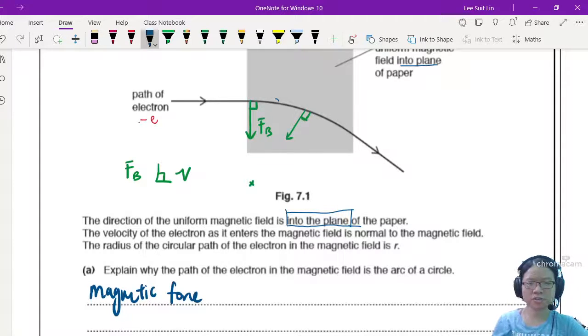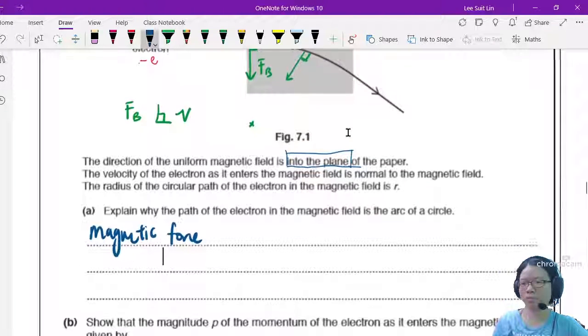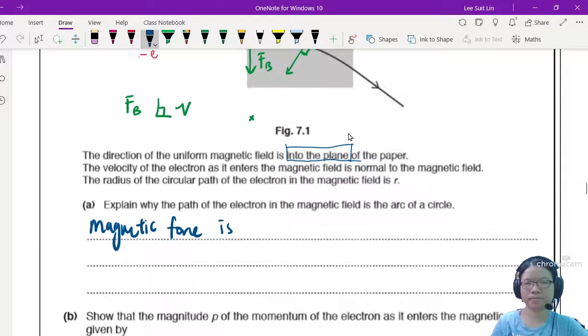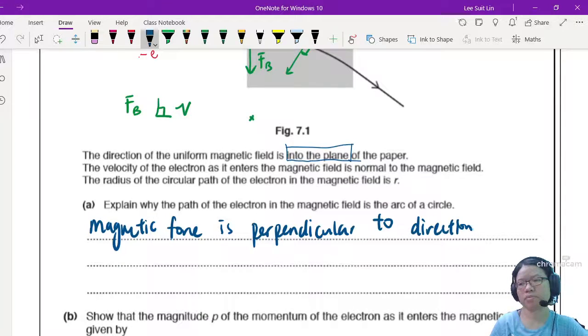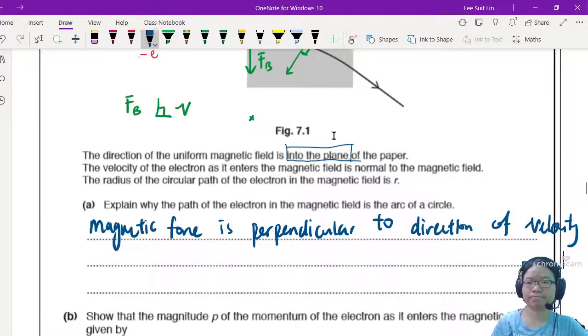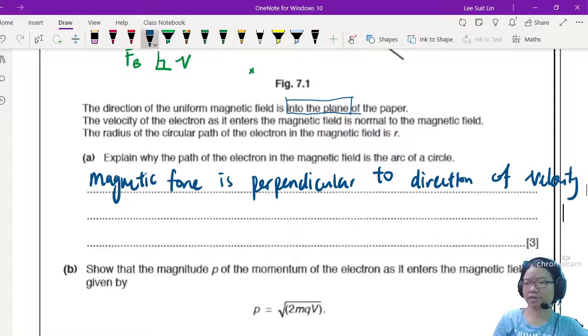The magnetic force is always normal, perpendicular, or normal to the direction of velocity. That will be the first mark. Magnetic field or magnetic force, sorry, not magnetic field, please use magnetic force. Magnetic force is perpendicular to the direction of velocity. Second point.